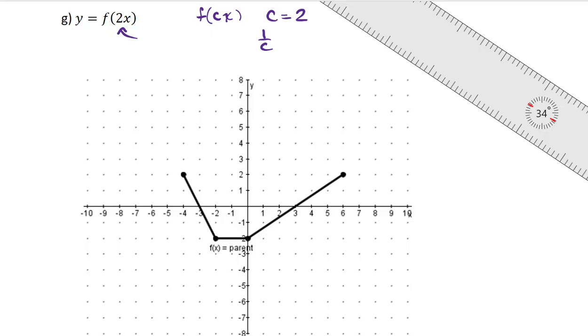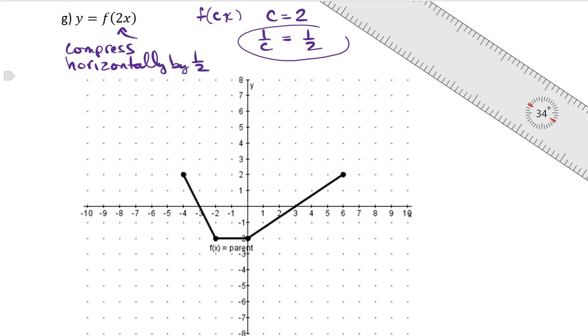So the reciprocal of c, which is 1 over c, is 1/2. That means we're going to compress the graph horizontally by 1/2. In other words, we're going to multiply all the x values by 1/2.